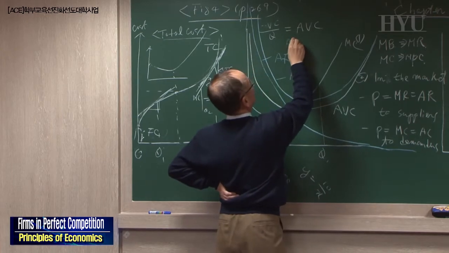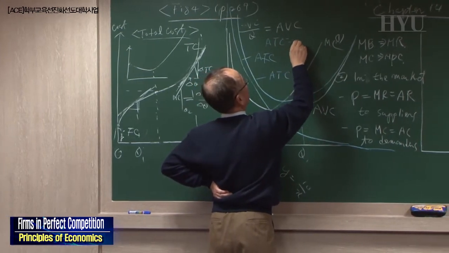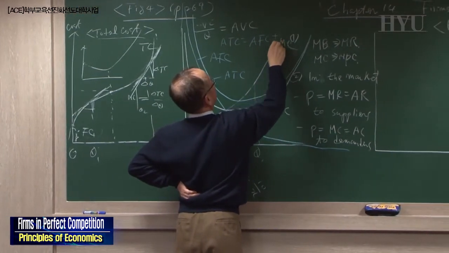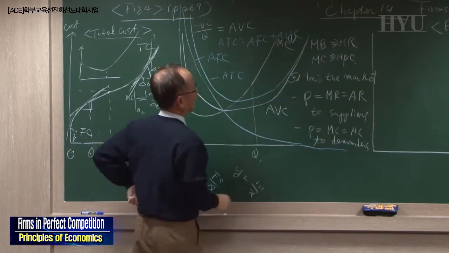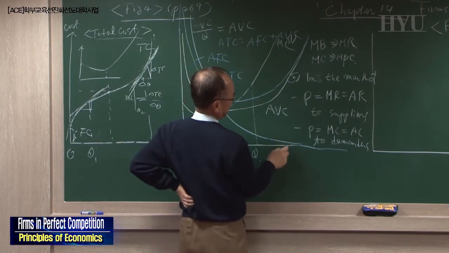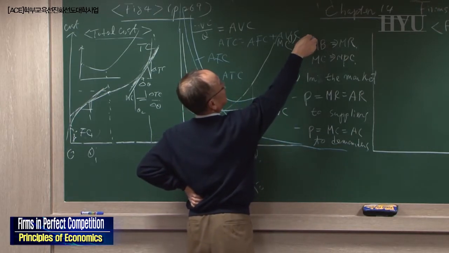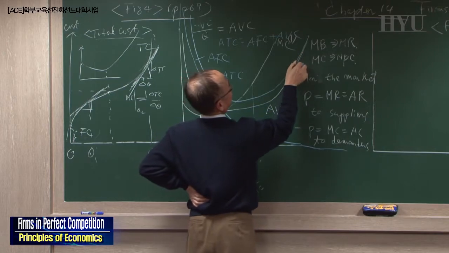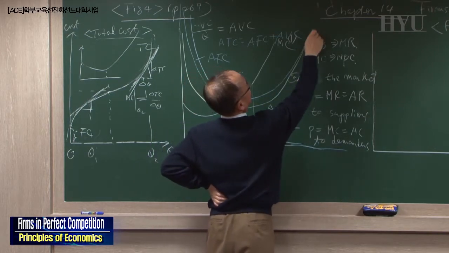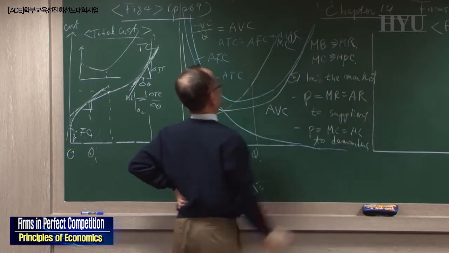Why is that? ATC equals AFC plus AVC. As the quantity increases, AFC collapses to 0, and then the gap between AVC and ATC collapses to 0, like this. But the two of them never meet, something like that.